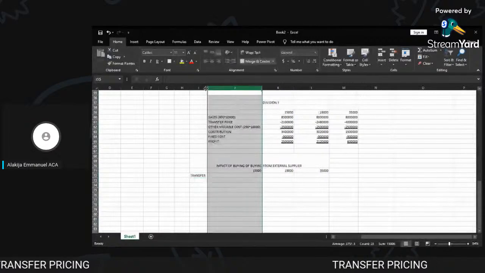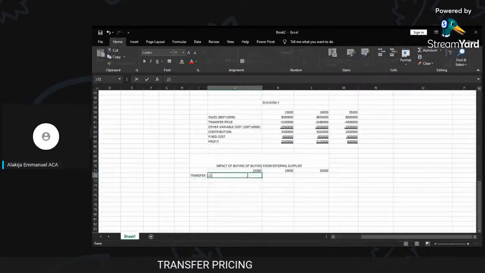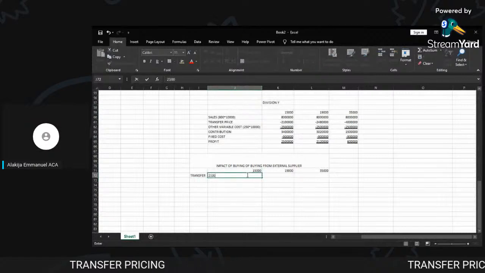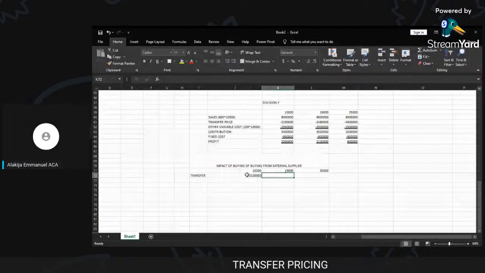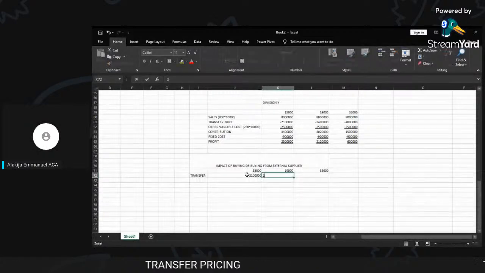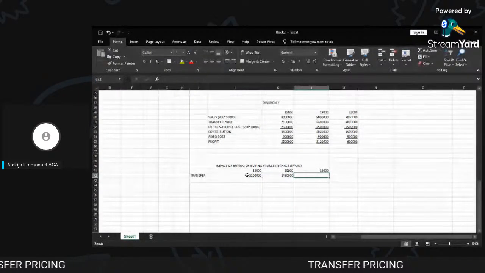The transfer price was 2.1 million, here was 2,480,000, and here was 4 million.